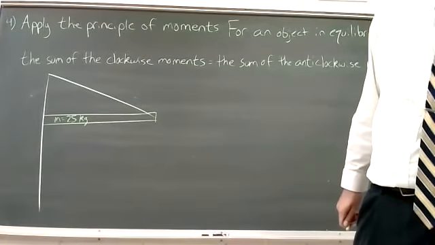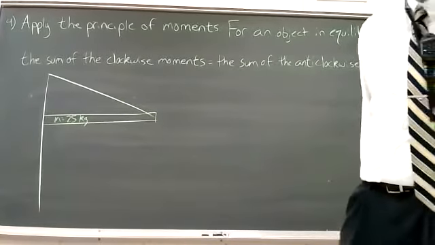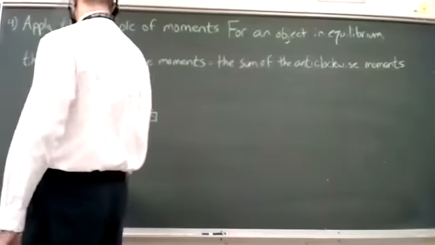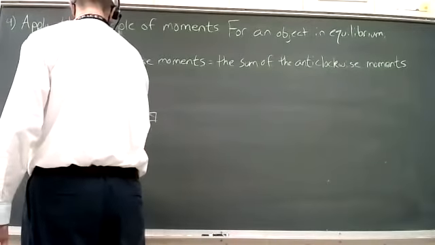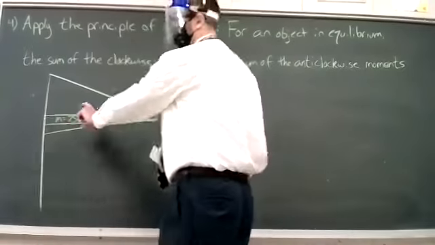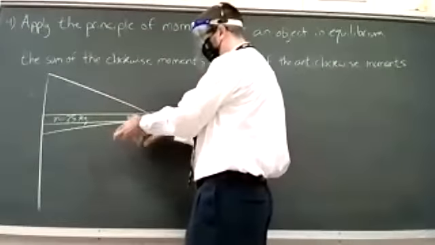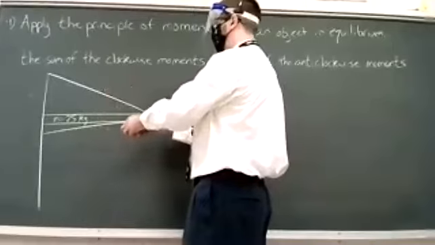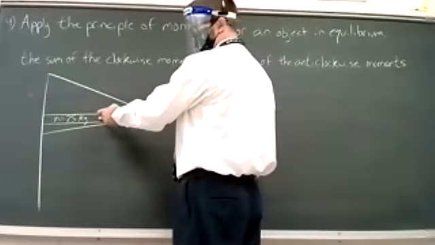The center of gravity of the flagpole is at a distance 1.5 meters from the fixed end. So it is a flagpole that goes tapered. It's not uniform. If it's a uniform rod, a uniform board, a uniform plank, then we know its center of gravity is in the center.